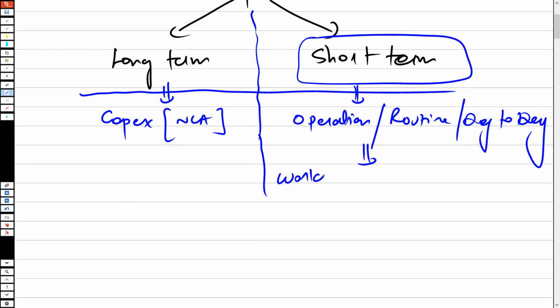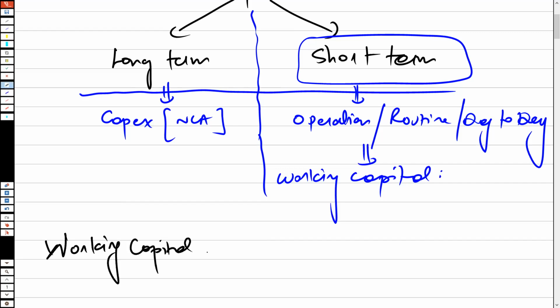Now, if I talk about the definition of working capital, let me have a quick recall of how it is described. Working capital is defined as current assets less current liabilities.